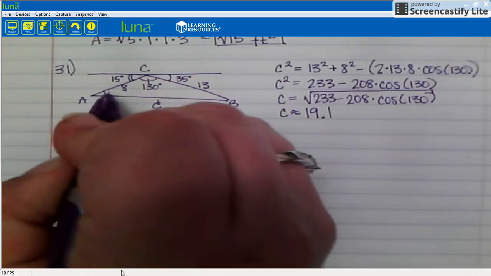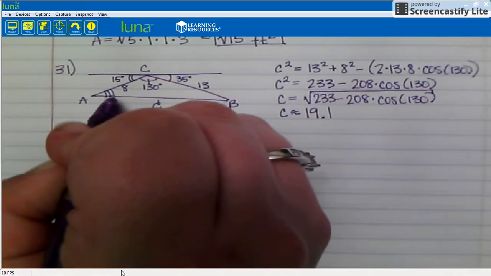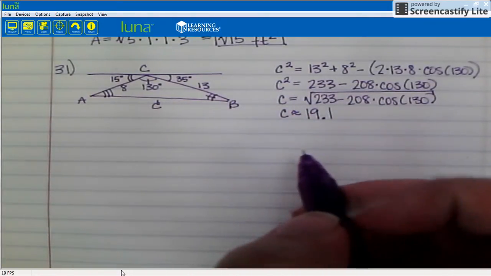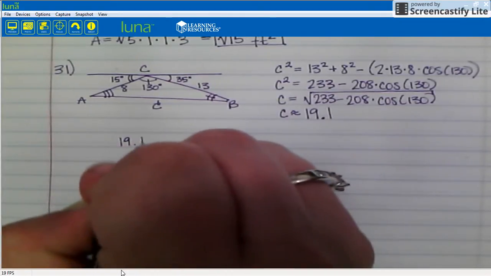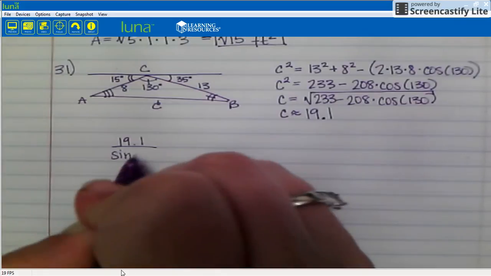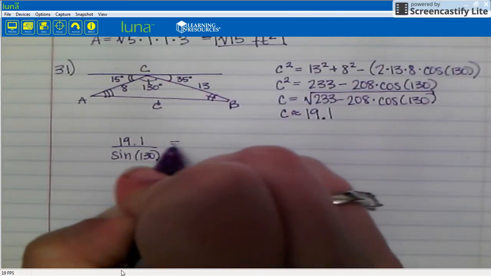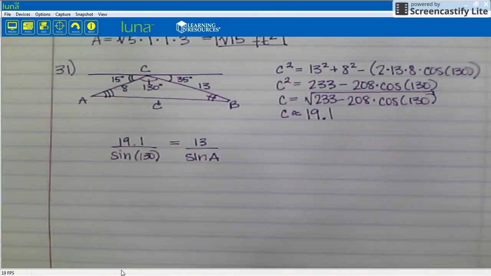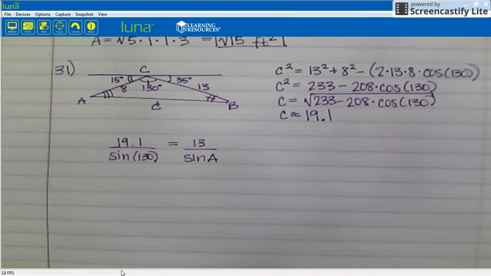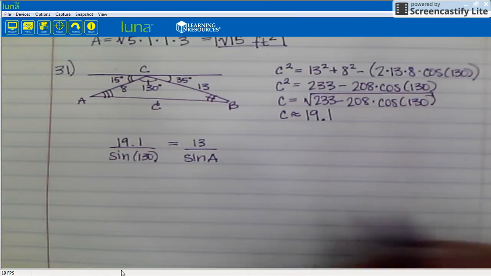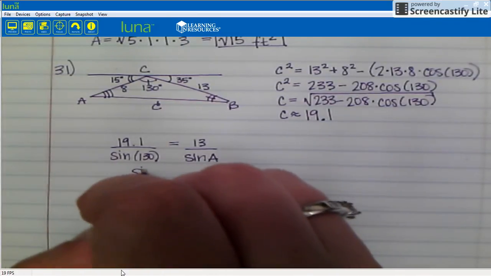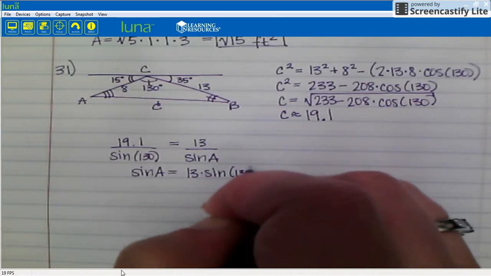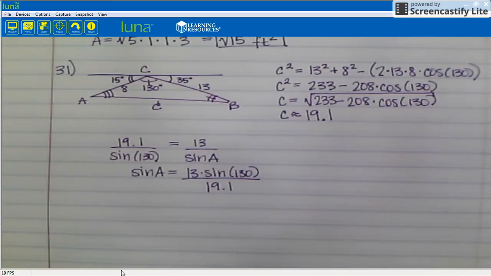So I need angle A, and I need angle B. So to do that, I'm going to take my 19.1 over the sine of 130 and set it equal to 13 over the sine of A. And then when I cross multiply, just like I was doing before in numbers 3 and 5, I'm going to end up with the sine of A is equal to 13 times the sine of 130 over 19.1.